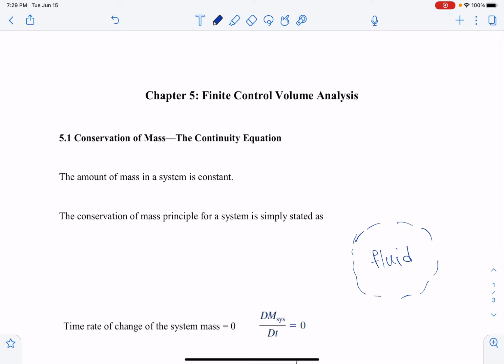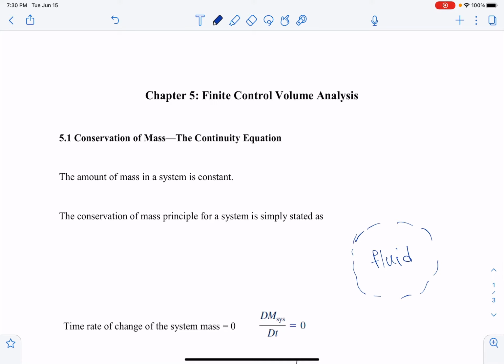What I meant is that the system includes all of the fluid we ever want to care about. So it should never change with time, right? Because we've already defined our system to include all of the fluid that we wanted.